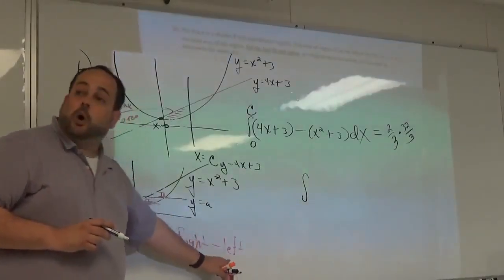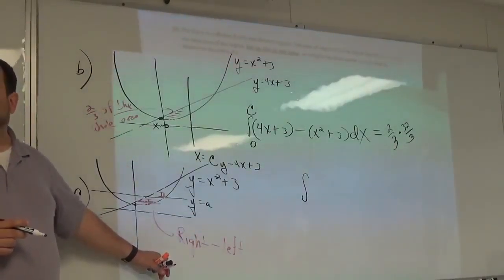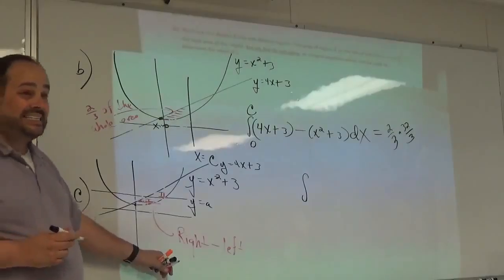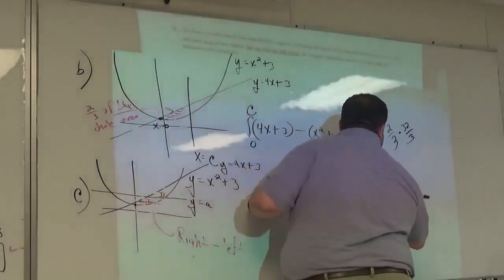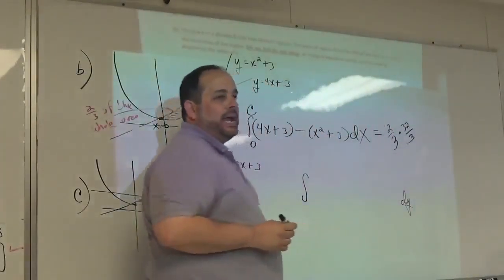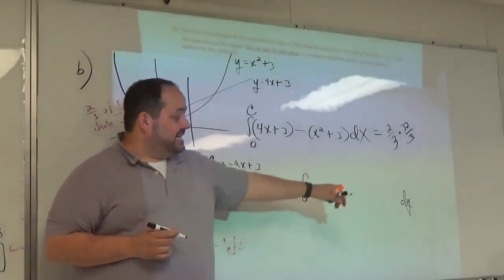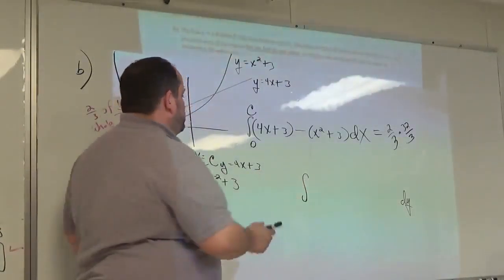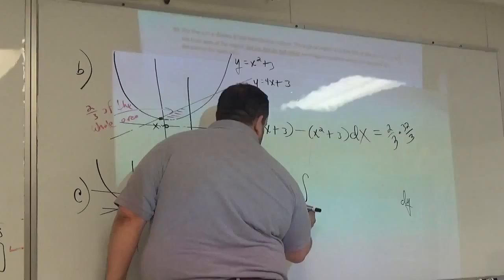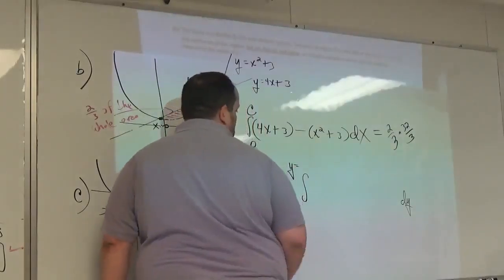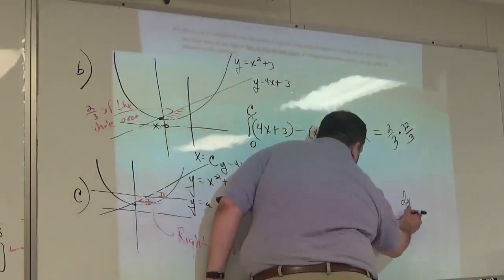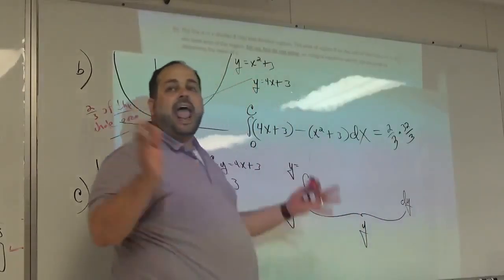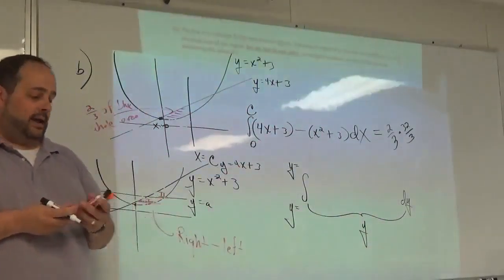If you're going to do these horizontal slices, if you're going to do right minus left, it's no longer a dx integral. What you need is a dy integral. And if it's a dy integral, what changed? Everything. Your limits of integration change. Your integrand changes. Everything is in terms of y.